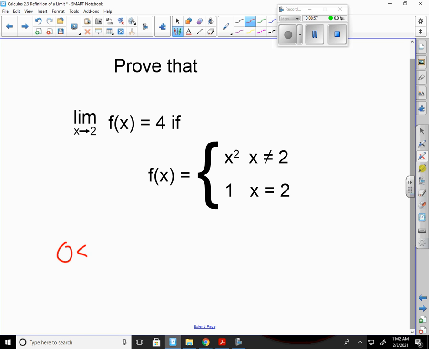0 is less than the absolute value of x minus x naught, which is 2, which is less than delta.